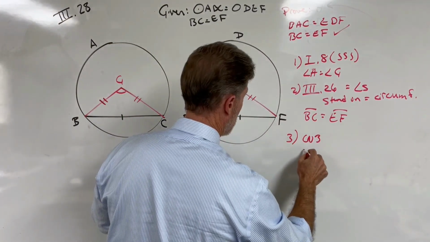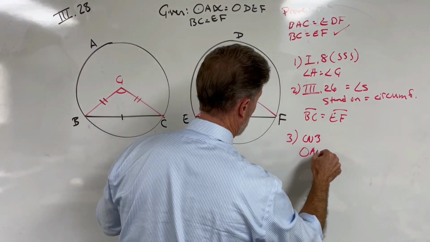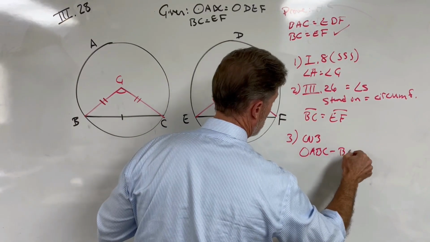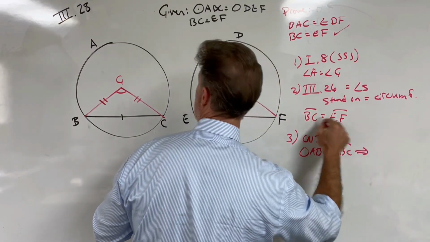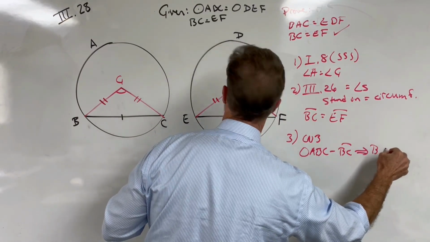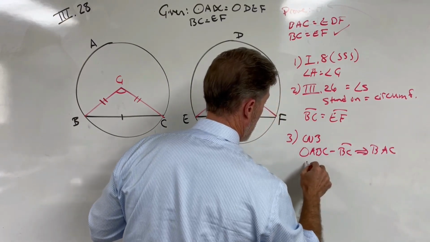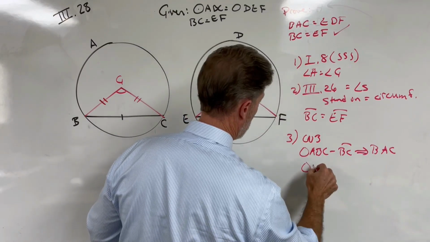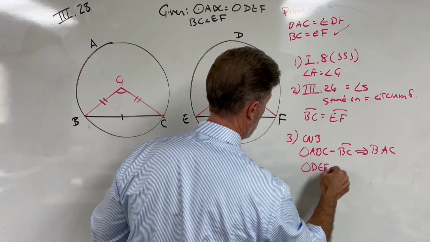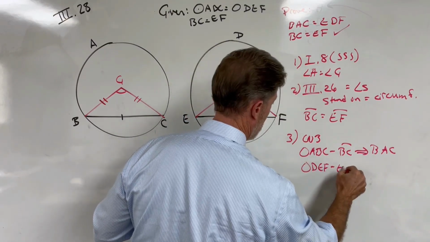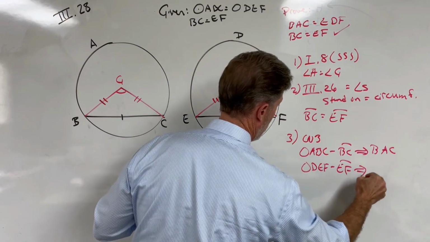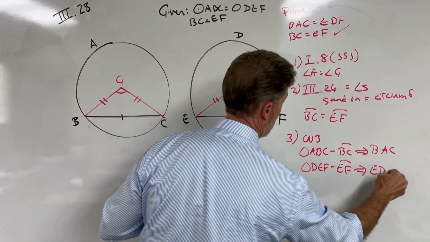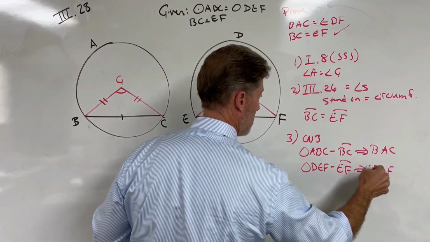So if we take equal circles, so circle ABC, and we subtract circumference BC, then what remains is circumference BAC. And that will be equal to, if we take circle DEF and subtract circumference EF, then the circumference that remains, the greater circumference, EDF, will be equal.